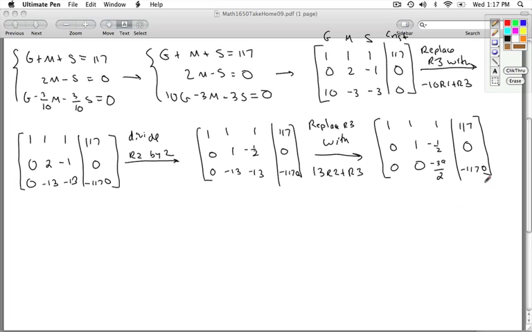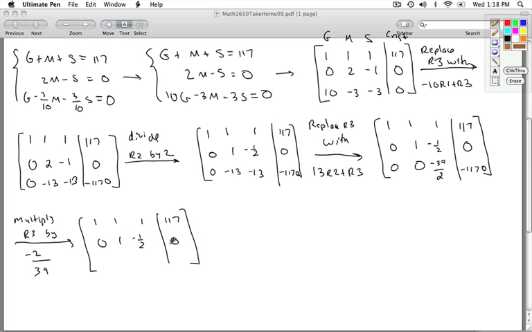The final step to get this into row echelon form is to get a 1 in this position, and I can accomplish that by multiplying row 3 by negative 2 over 39. 0 times negative 2 over 39 is 0.